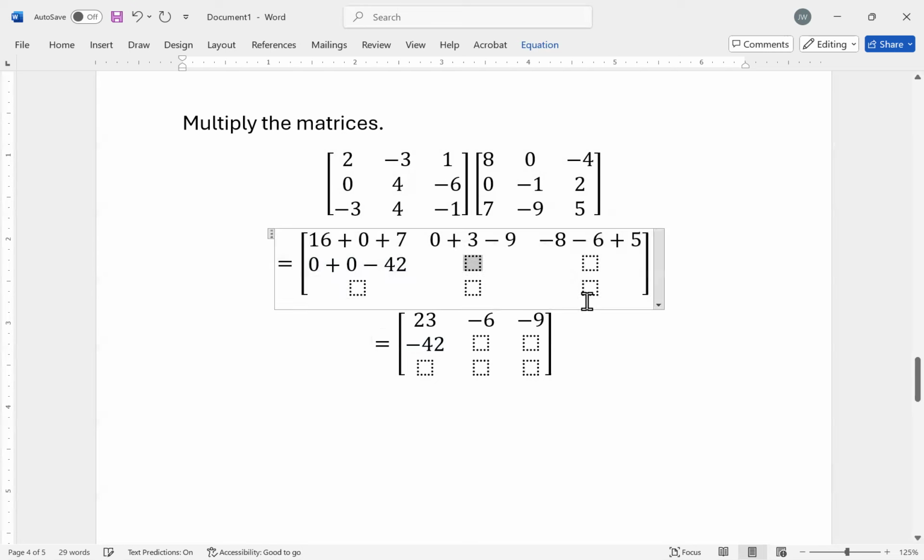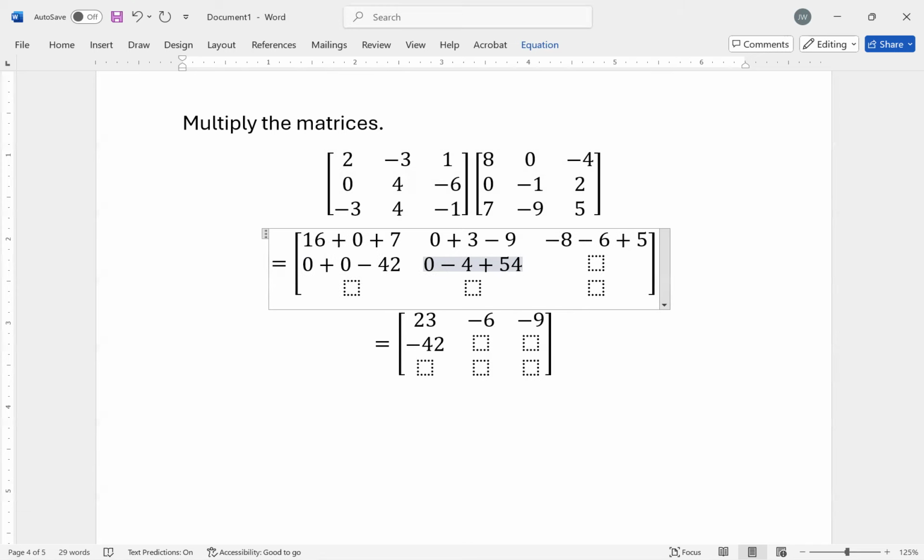And then we move on. Second row times second column, we get 0 times 0, 4 times negative 1, and then negative 6 times negative 9. That's going to be a positive 54.